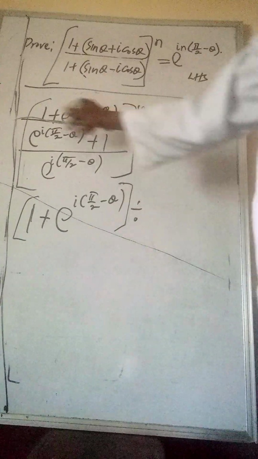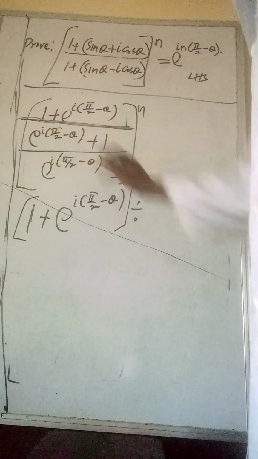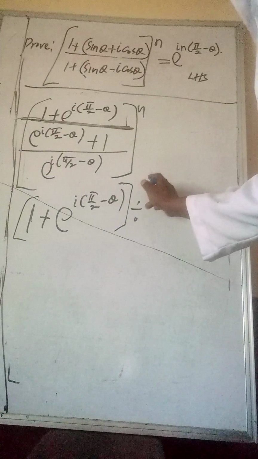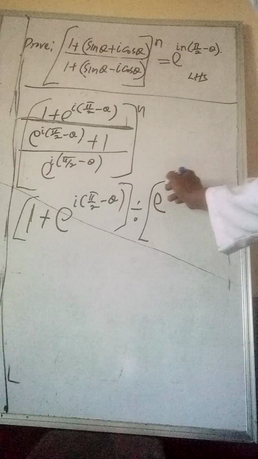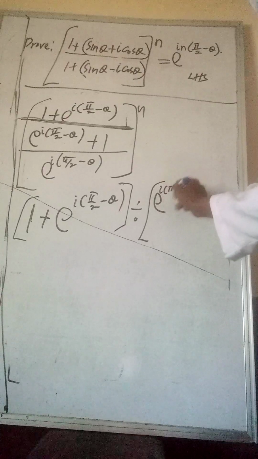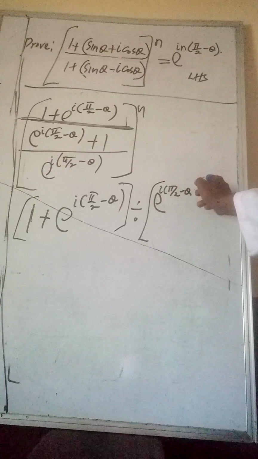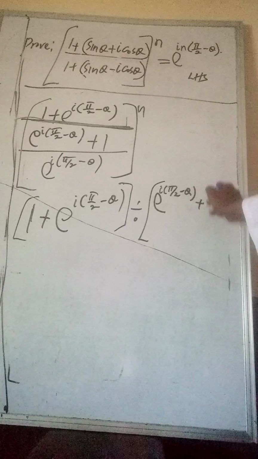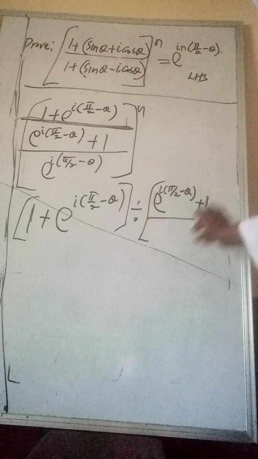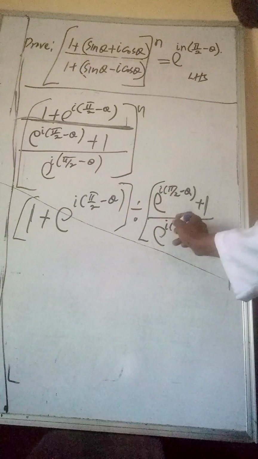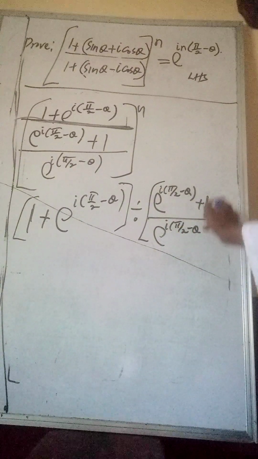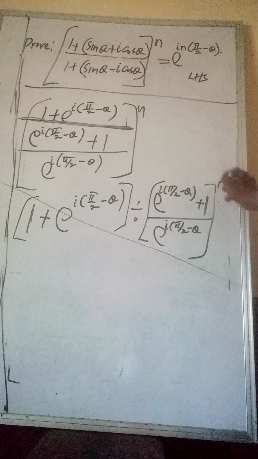Divided by, that means this division line, then this one. That will be e to i open bracket pi over 2 minus theta plus 1 all over e to i open bracket pi over 2 minus theta. Bracket close, raised to power what? n.